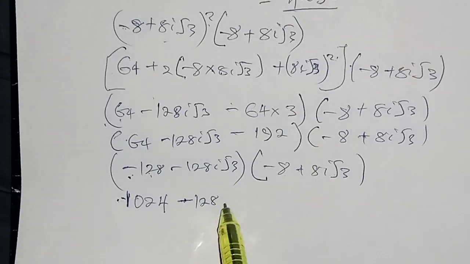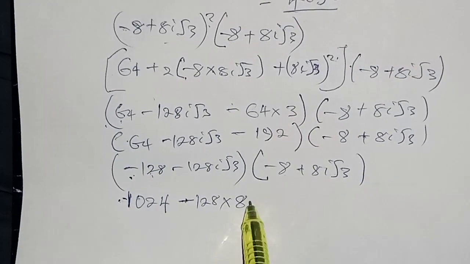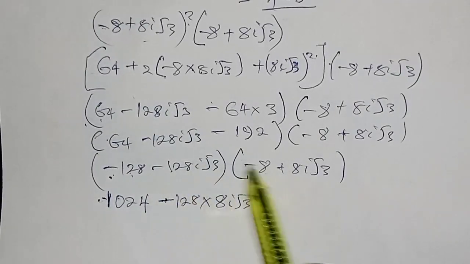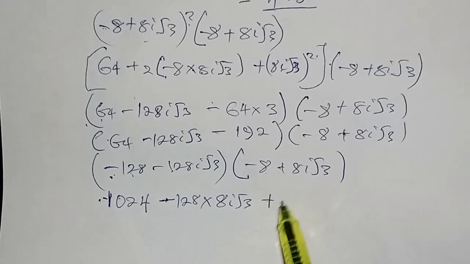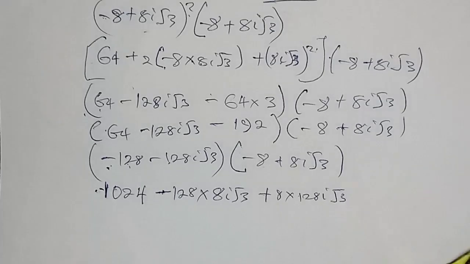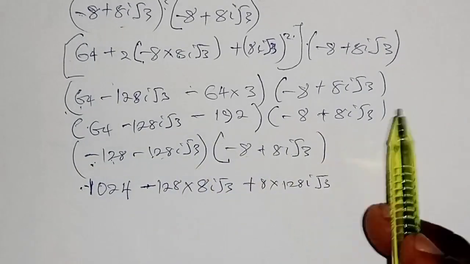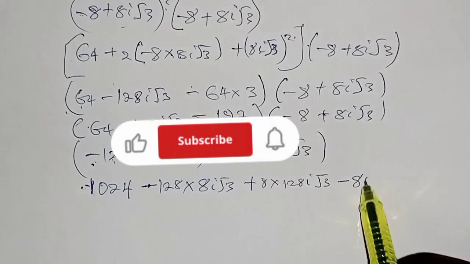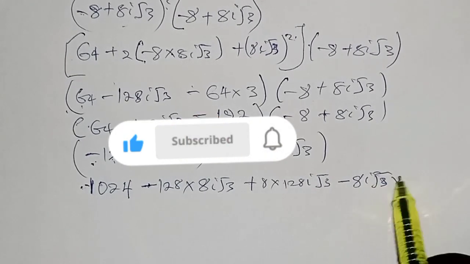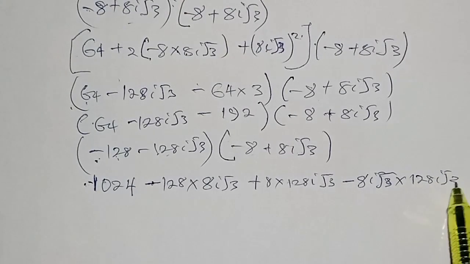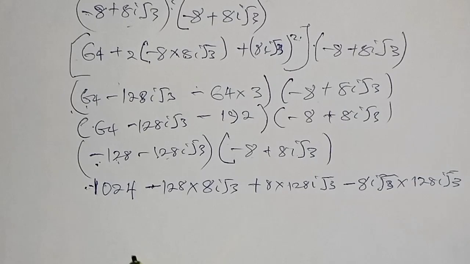If you also use this to multiply this, what you're going to be having is -128 multiplied by 8i√3. Let me just write it and then I'll simplify. Now coming over to this one, you use this to multiply this, and then you have plus 8 times 128i√3. And if you use this to multiply this, you are going to be having minus 8i√3 multiplied by 128i√3.